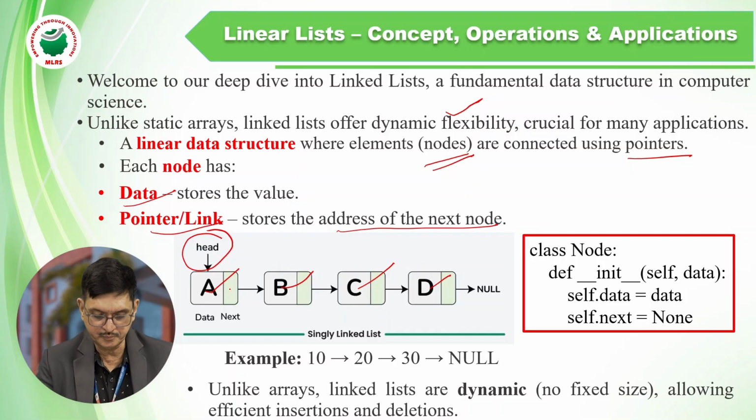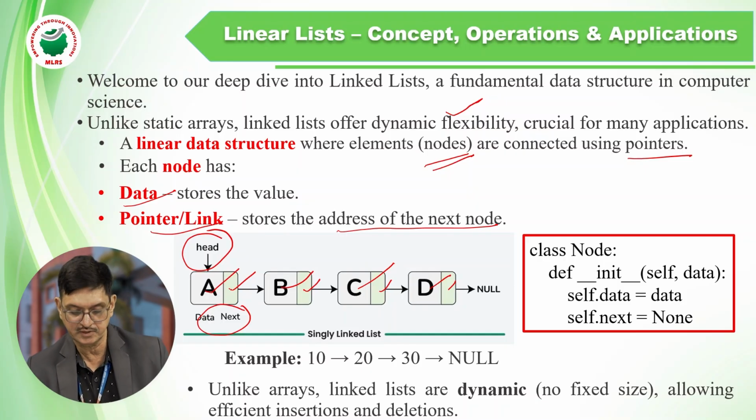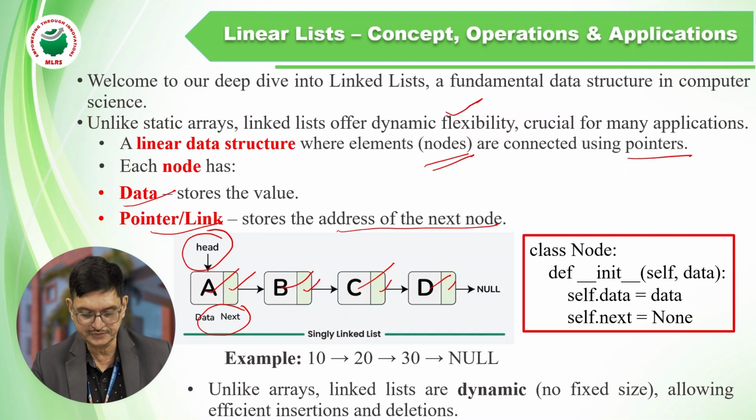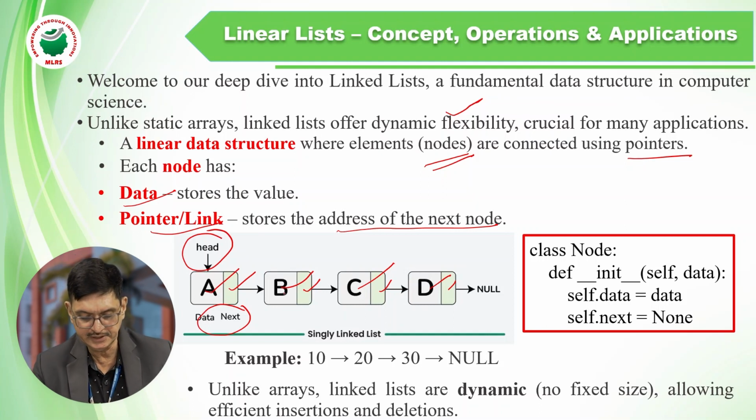So each and every pointer address or link address represents the next node address. That means the pointer in A represents the address of B after A. So from A we can reach B through this next link address. Similarly, from B, using the pointer available in the B node, we can reach C. Similarly, we can reach from C node to D node.